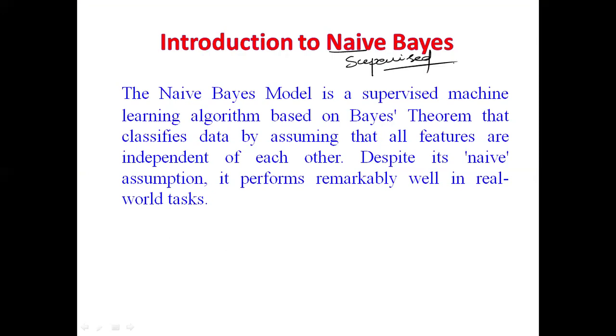It is a supervised machine learning algorithm based on Bayes theorem. It predicts class labels by calculating the posterior probability for each class and selecting the one with the highest probability. The model makes a simplifying assumption that all features are independent of each other, given the class label.